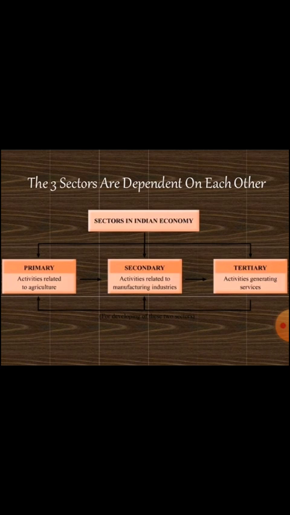From this flowchart, one can very easily derive that the primary sector, where the activities are related to agriculture, provides the raw material for the secondary sector, which is the industry based sector, and the product which comes out of the secondary sector is supported by the tertiary sector, as the product manufactured by the secondary sector is able to get to the market by the various services such as advertising, and making it available on the shop's counter for the customer is all done by the tertiary sector.